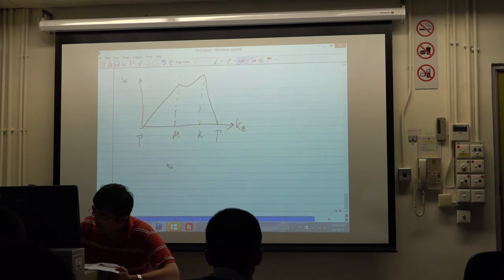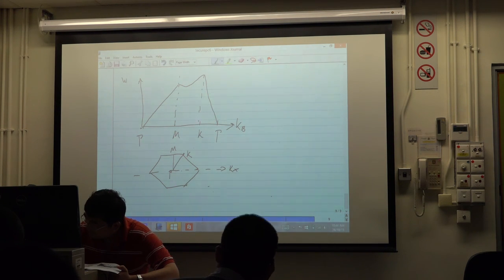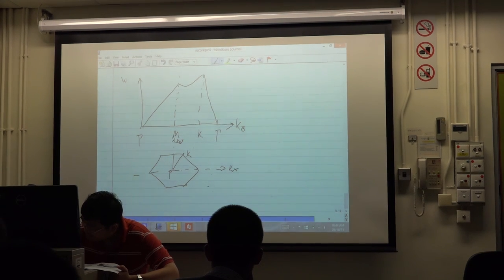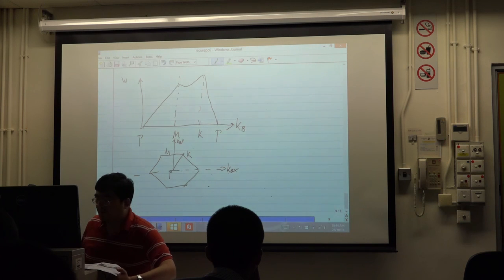This is a hexagon. This is Gamma, K, and M. I call this kx, and this is ky, and this is k Bragg x. Okay, this is the Brillouin zone.